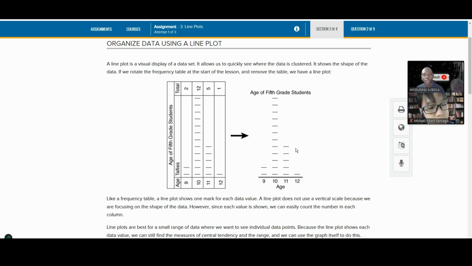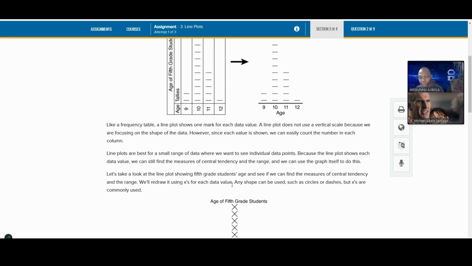Then it shows 9 two times, it shows 10 12 times, and it shows 11 5 times, then 12 one time. So if you add up all of this, we want to figure out the range. The range is the biggest number, which is 12, minus the smallest number, which is 9. So 12 minus 9 is 3. Is that clear?